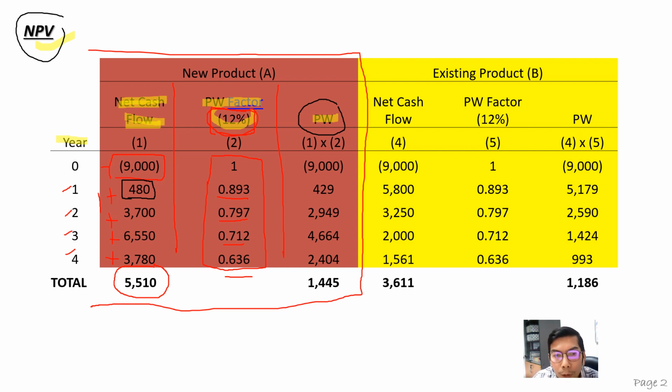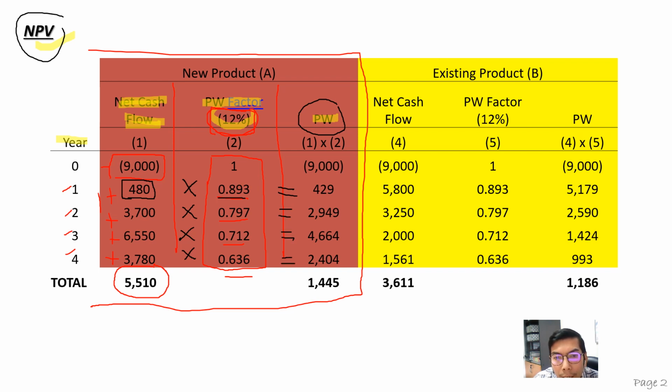What you need to do is multiply this future value of 480 by the present worth factor of 12%, which is 0.893, and you will get 429. It means the value of 480 in the first year is worth 429 today. Repeat the same process for the second year, third year and fourth year. So you will get this.